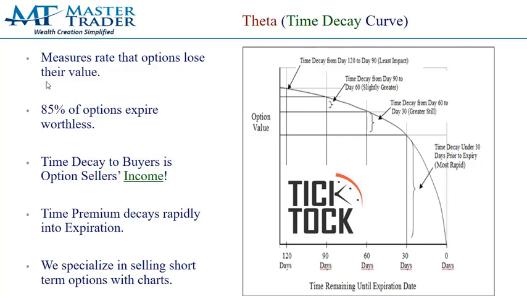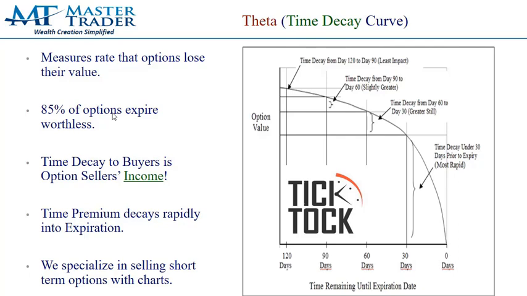Option buyers have a wasting asset on their hands, and theta measures how much that's going to deteriorate day by day. 85% of options expire worthless. So that alone, ladies and gentlemen, should tell you, why do you want to buy them if 85% expire worthless? And that's another very clear reason why we are option sellers.